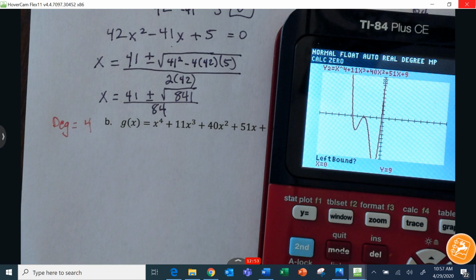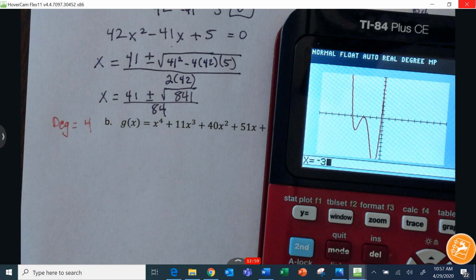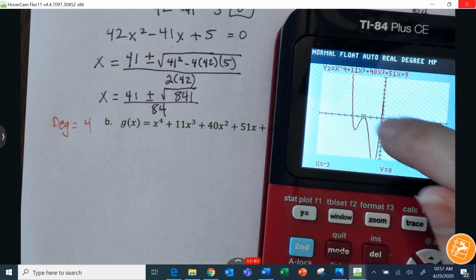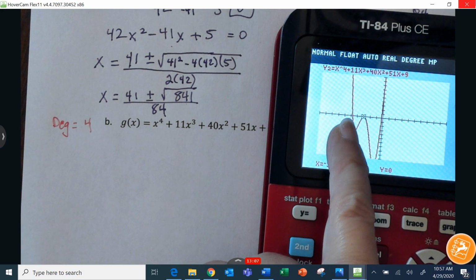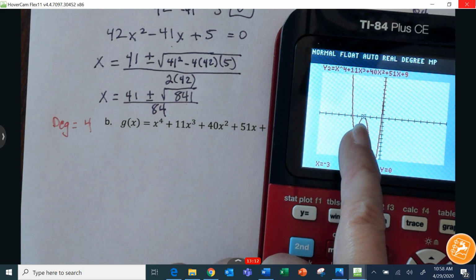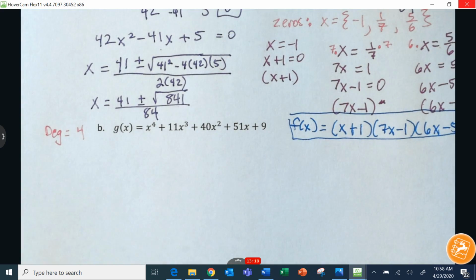I could trace value. I think -3 is a 0, and it is. Because that first one, I would have started with the left one, doesn't look like a number that I can just guess, I ended up trying the one that looked easiest to me, and -3 does look like it works. So I'm going to use -3, and I'm going to use synthetic division.